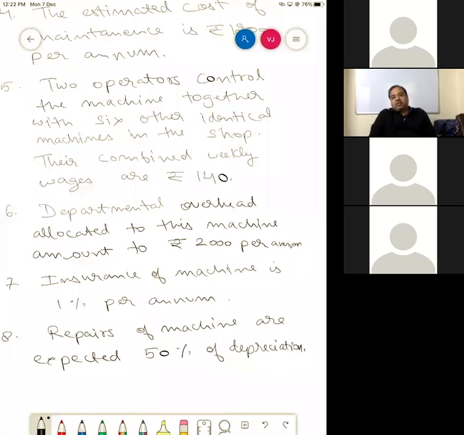In machine expenses, depreciation is there, then your repair is there, maintenance is there, and in this question there is weekly chemical expenses also. And then at last is your power consumption. So these are some of the items that we need to compute. So let us start computing it.